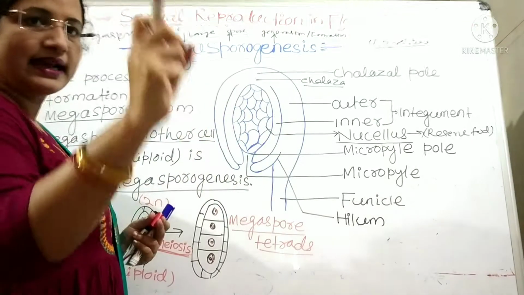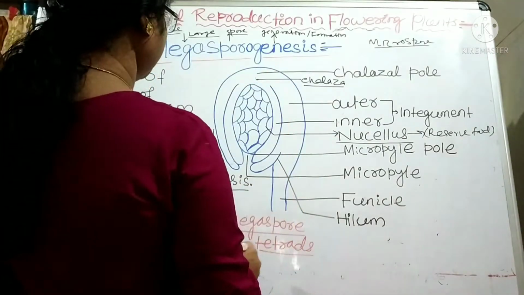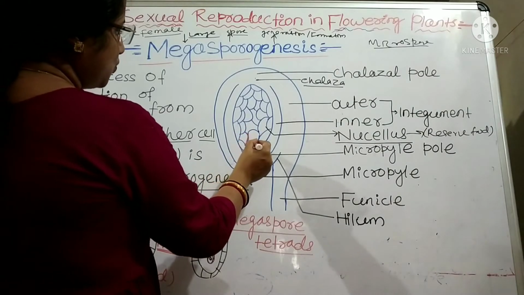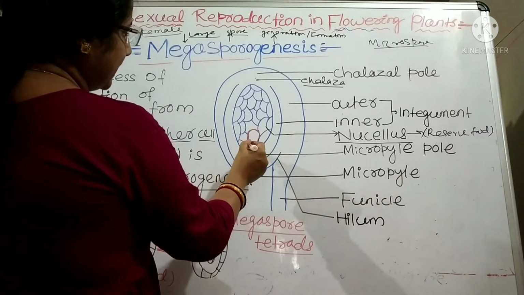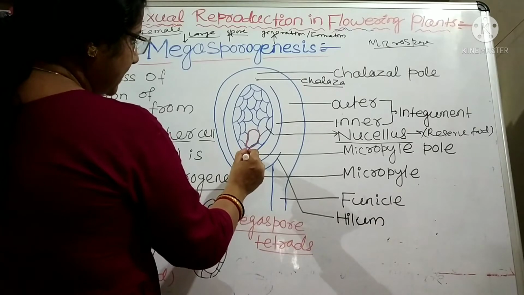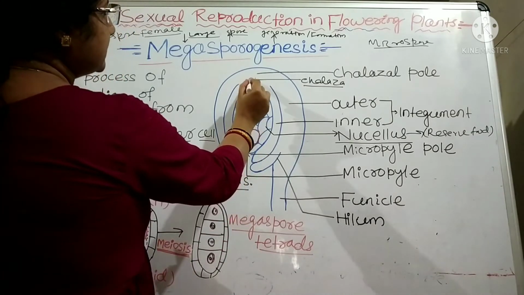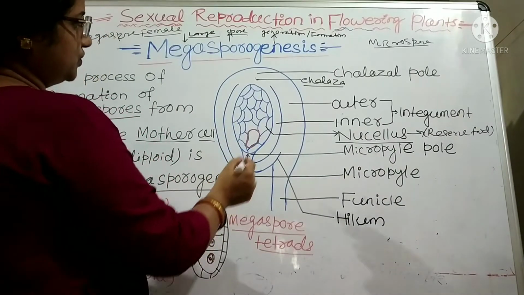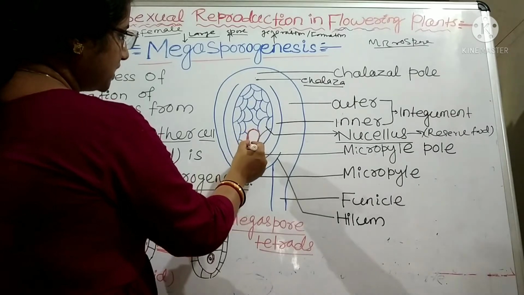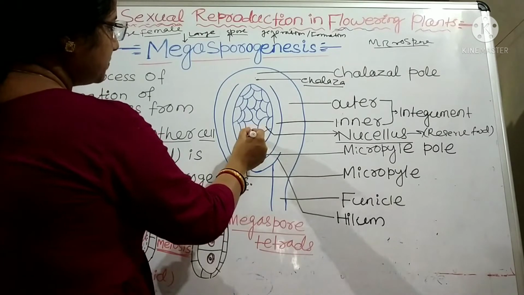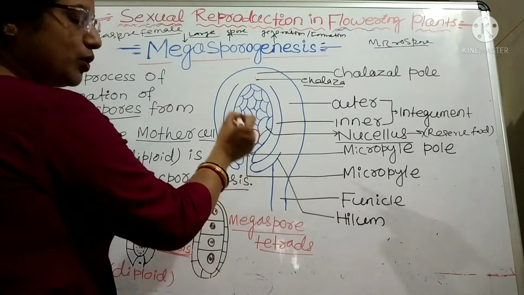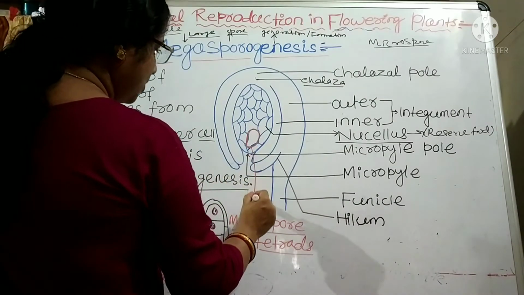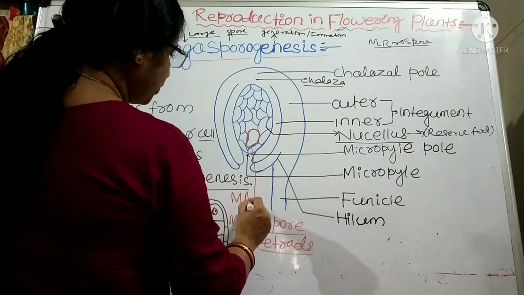Inside the nucellus, one of the cells present towards the micropylar end, the micropyle, is known as the megaspore mother cell.